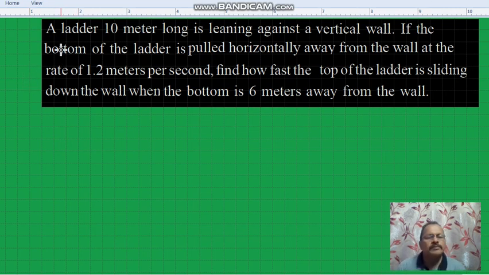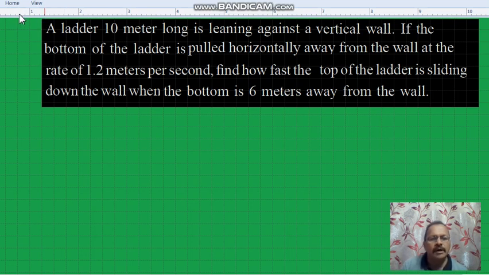The next problem chosen: a ladder 10 meter long is leaning against a vertical wall. If the bottom of the ladder is pulled horizontally away from the wall at the rate 1.2 meter per second, find how fast the top of the ladder is sliding down the wall when the bottom is 6 meter away from the wall.